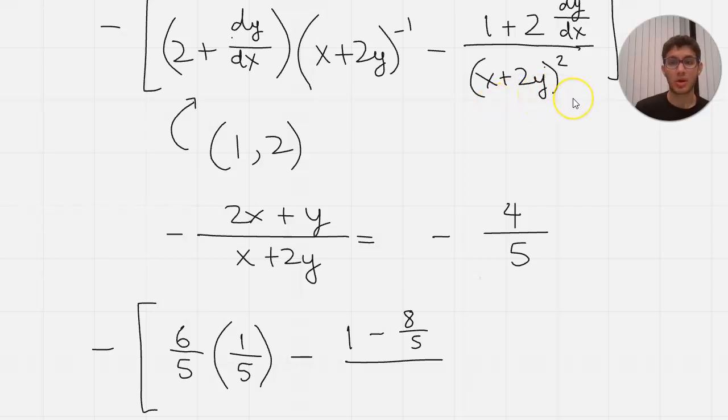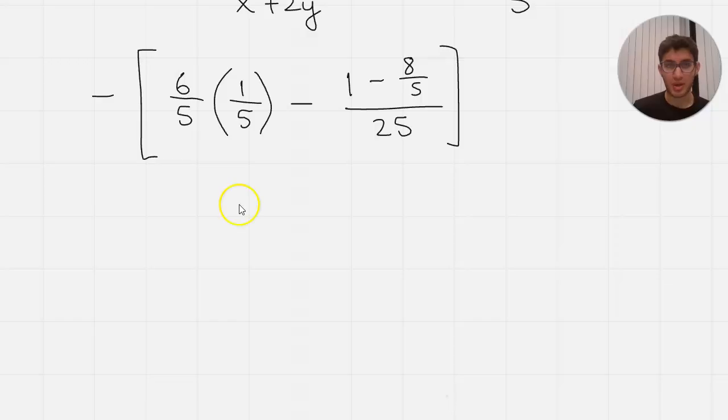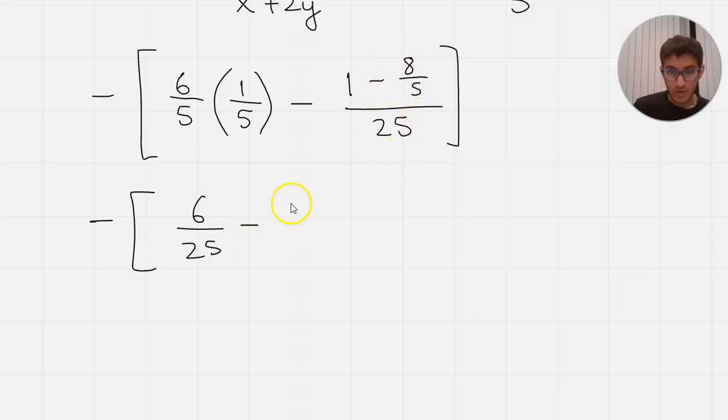Now what is (x plus 2y) squared? (x plus 2y) squared is just going to be 5 squared, right? Yeah, 25. All right. Okay, now it's just very simple math left to be done. So we have negative 6 over 25 minus what? So what is 1 minus 8 over 5? That's going to be negative 3 over 5, right? Over 25. So what is this?